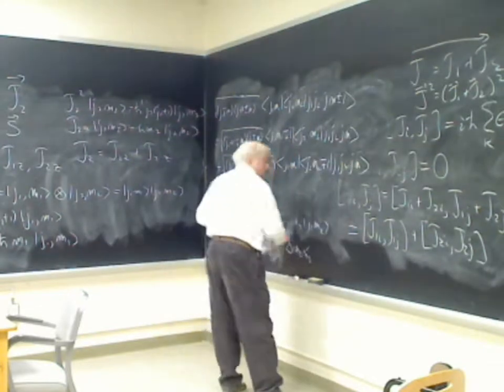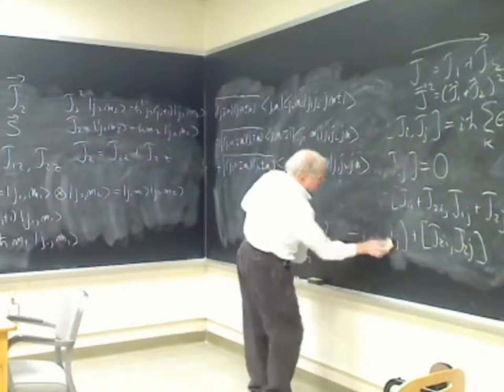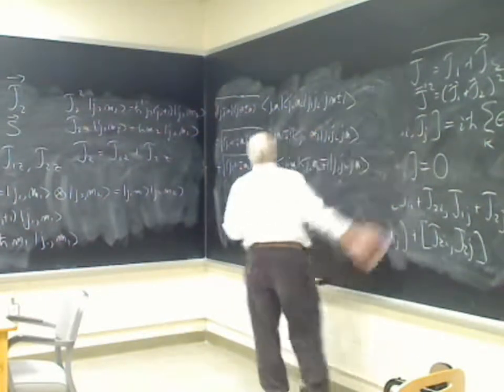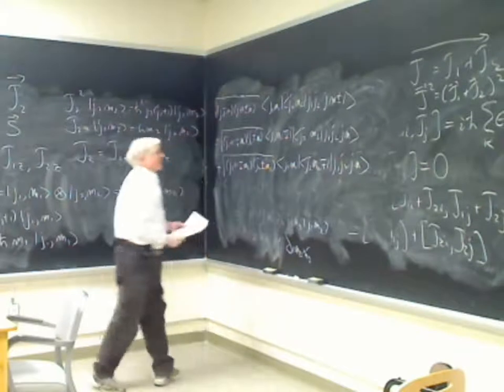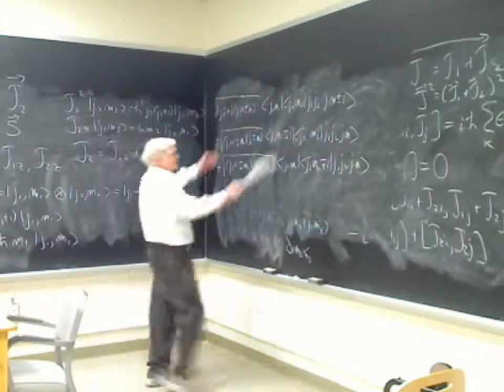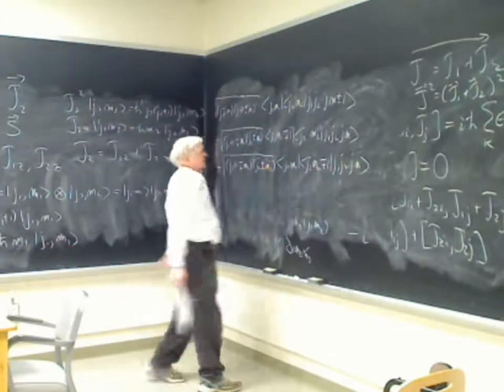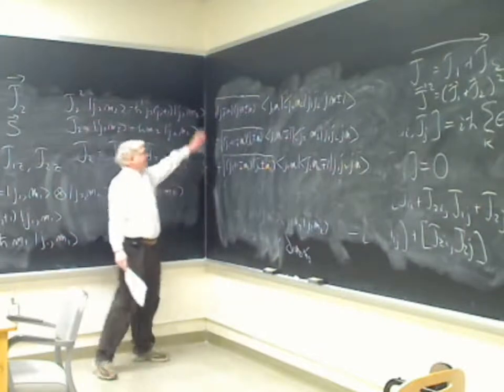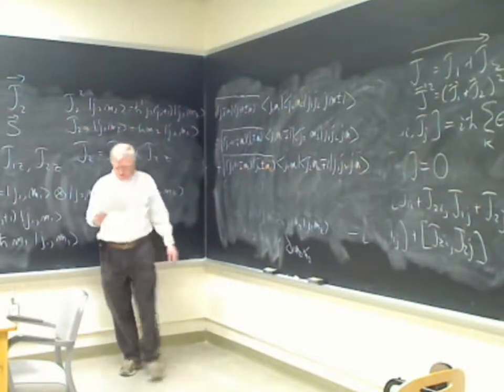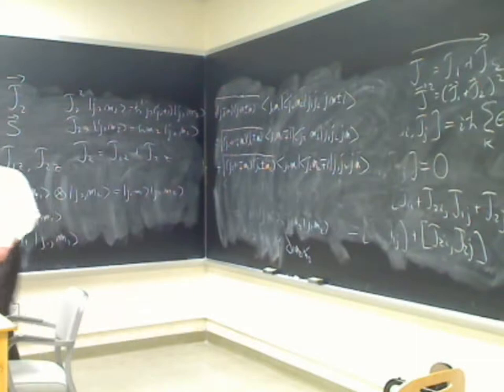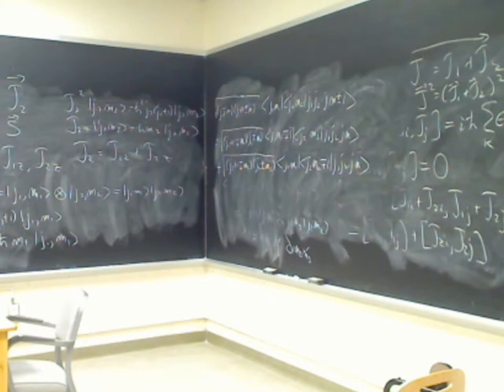Okay, so this is a big recursion relation for these Clebsches. So it relates three different Clebsches to each other with these square roots. And with these relations, you can figure everything out apart from these arbitrary phases, which one can then choose in a reasonable way.